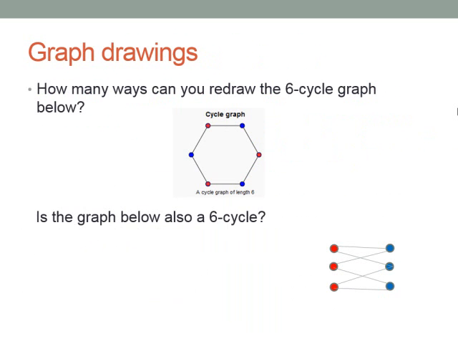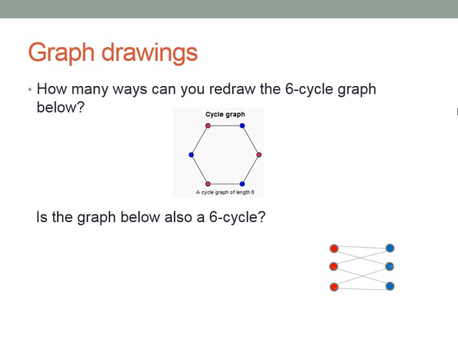But again, you can draw a graph a number of different ways. So as our final example of this discussion, we had the cycle of length 6, or the C6, as in the first drawing here. Down below, we have another drawing. In both cases, we have 3 red vertices and 3 blue vertices.